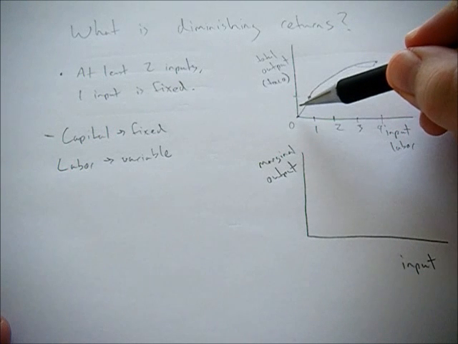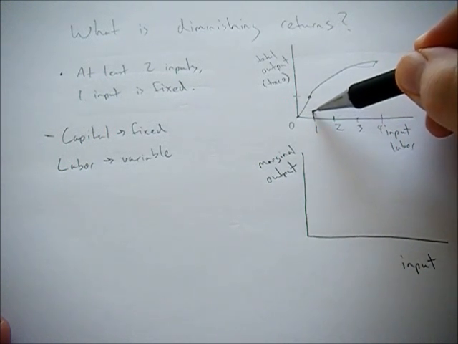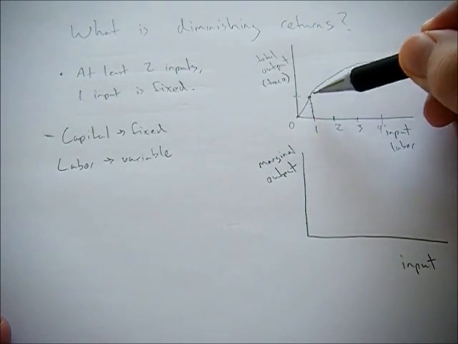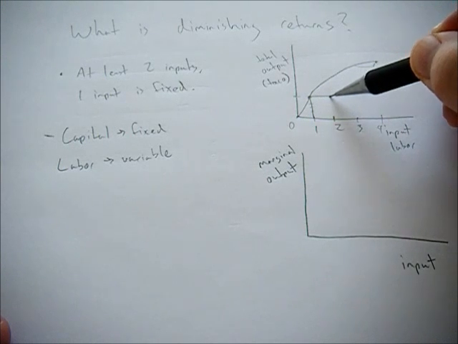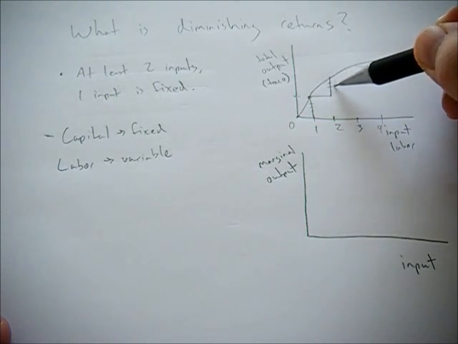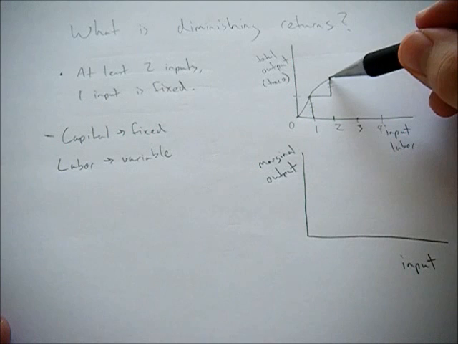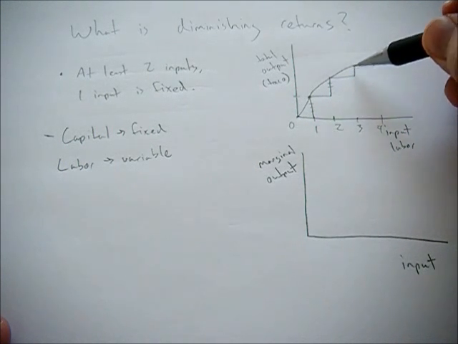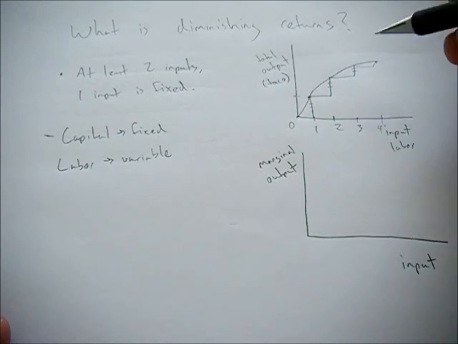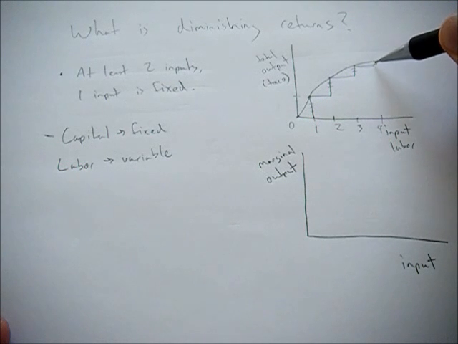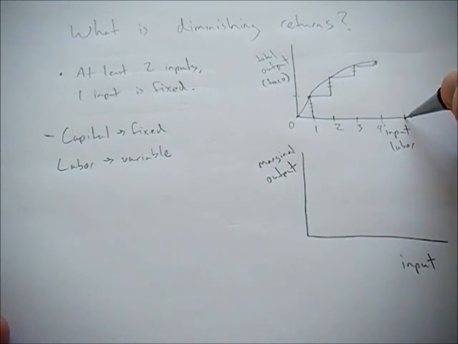So if we look at the gain from the first person, it's pretty big. The gain in total output from the second person is still pretty big, but when we get to the third person, it's gotten a little smaller, and when we get to that fourth person, it's really small.